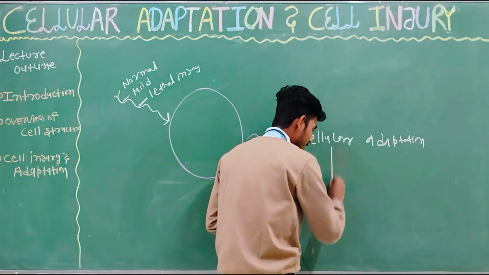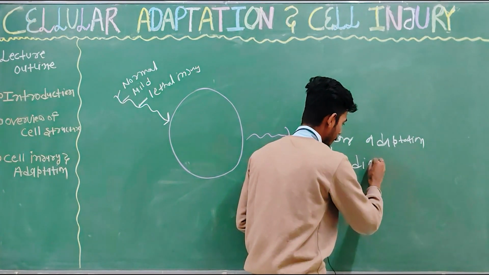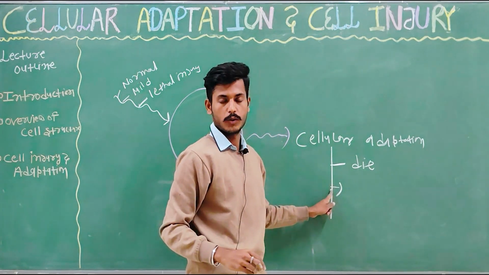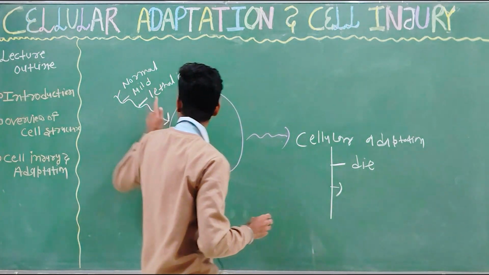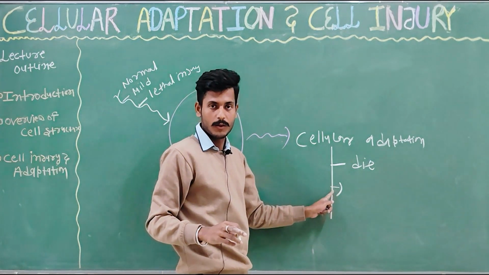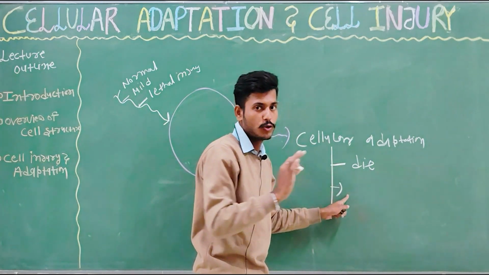The cell can die, or the cell can adapt. If the injury is a milder one, then the cell can adjust itself according to the stimulus of injury.